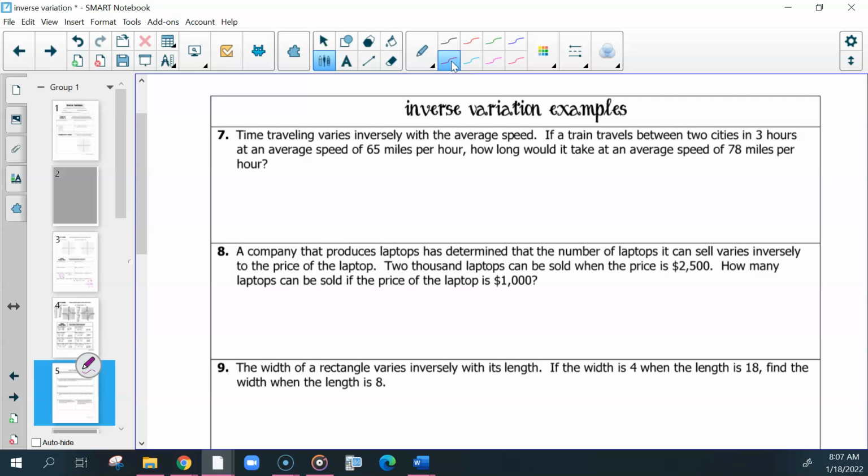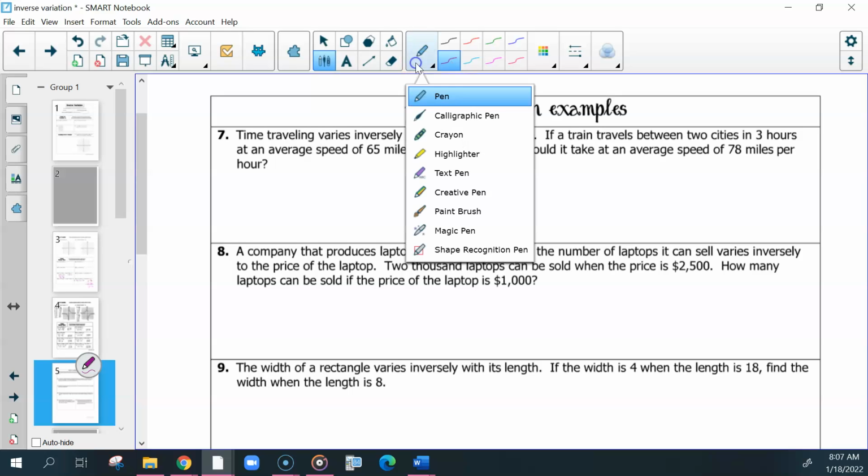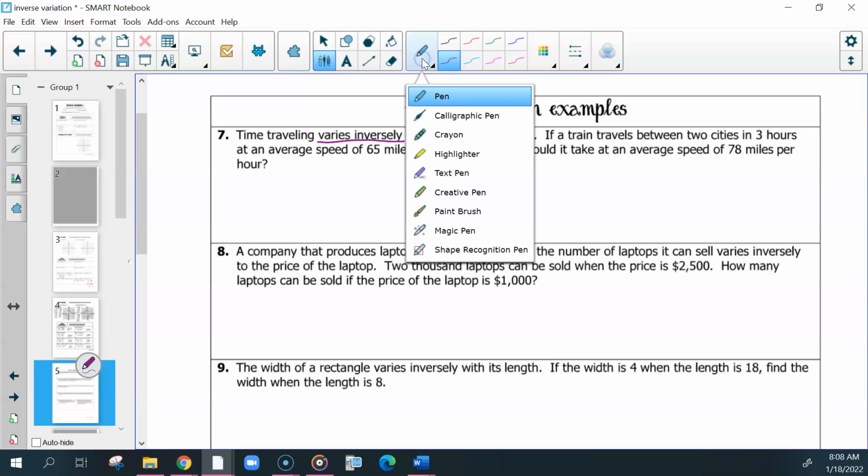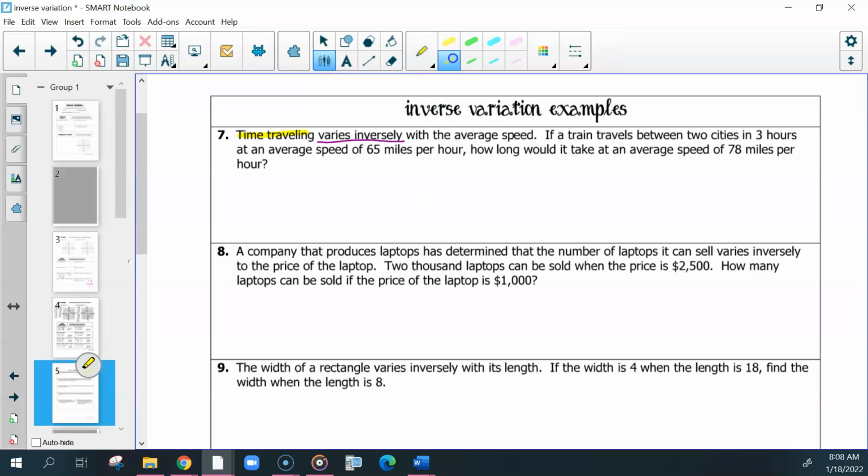So for these, it will also say something like varies inversely, inversely proportional, something with those words to tell you which type of word problem it is. And then whatever comes before varies inversely or whatever it says, that's going to be your y.